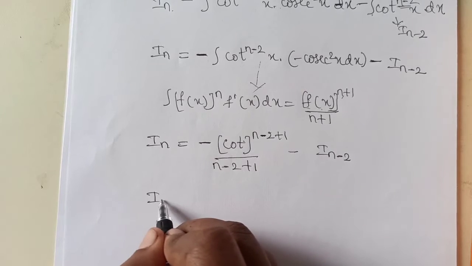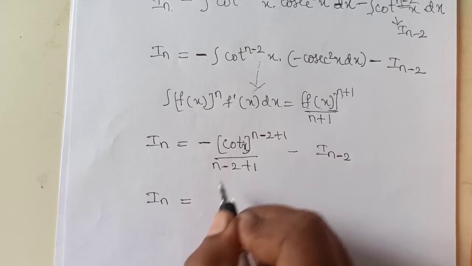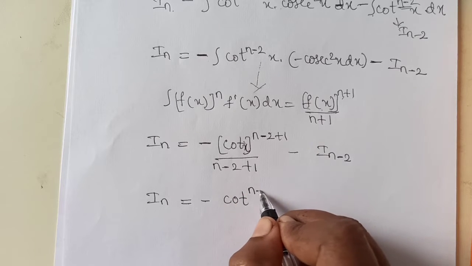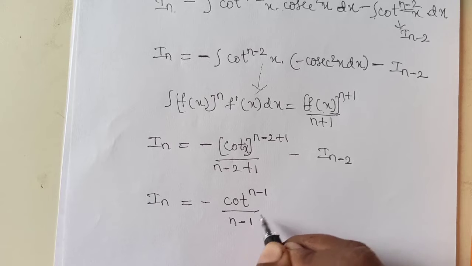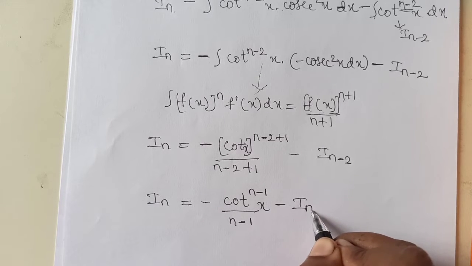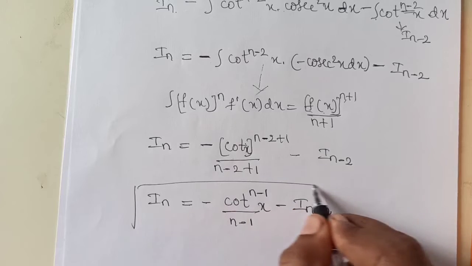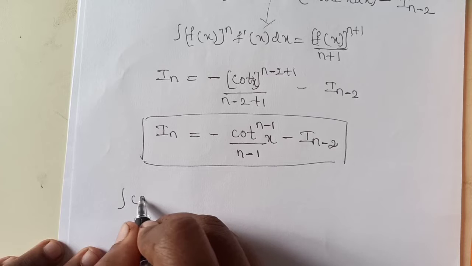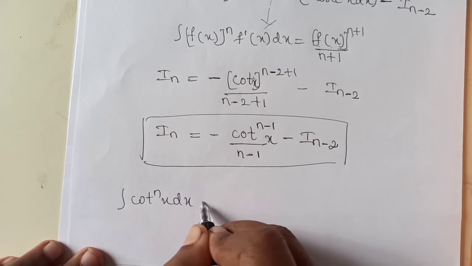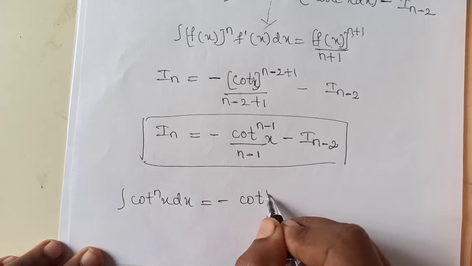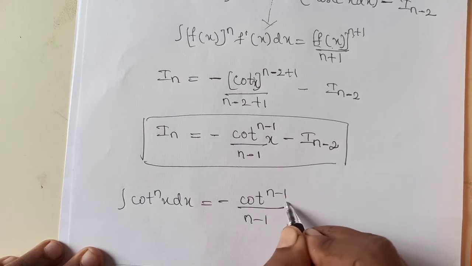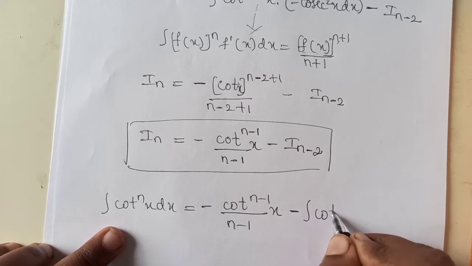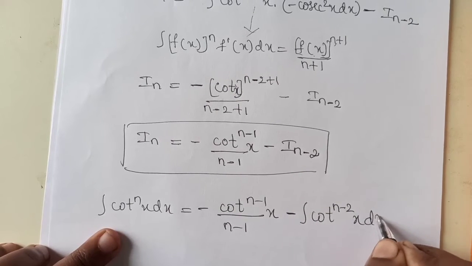Simplifying we get I_n equals minus cot^(n-1) x, n minus 2 plus 1 is n minus 1, denominator n minus 1, minus I_(n-2). This is the required reduction formula. We may write it as integral cot^n x dx equals minus cot^(n-1) x divided by n minus 1, minus I_(n-2), which means the integral of cot^(n-2) x dx.